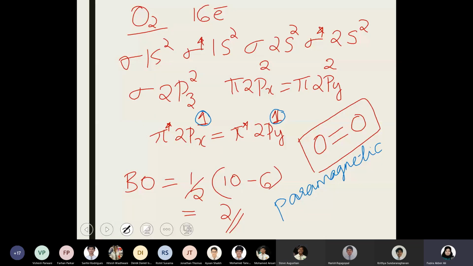Till nitrogen the order was different, from oxygen and above the order was different. That is the only thing we said. As I said, we have only learned sigma and pi combinations. Delta comes with d orbitals, and we are not dealing with that. So you can think about only the first 10 maximum. Okay, ma'am.